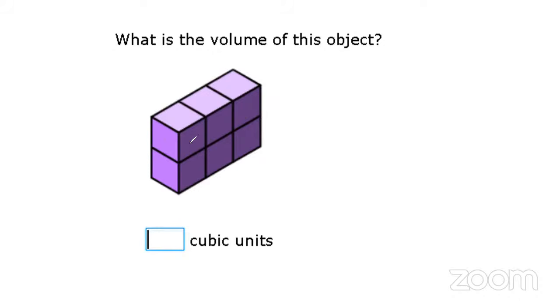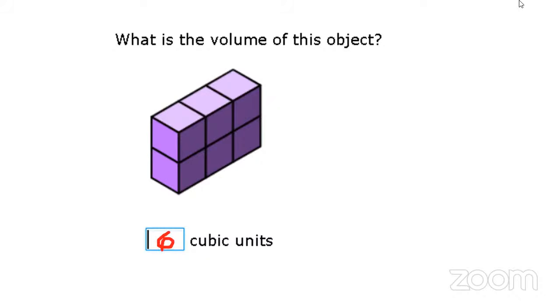You're not seeing all these cubic units in it, but really you are calculating cubic units. So for this one, I see all of you coming in with 1, 2, 3, 4, 5, 6 cubic units. And you are so correct.